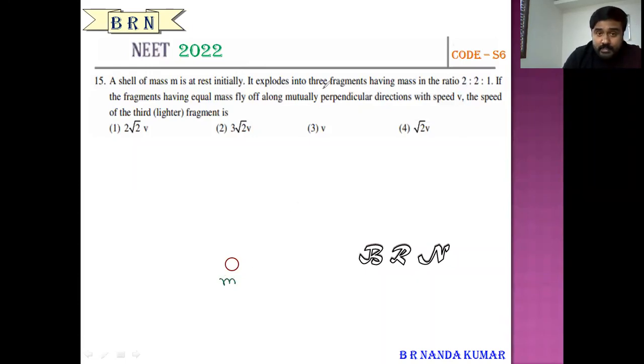It explodes into 3 fragments having mass in the ratio 2:2:1. It splits into 3 parts in this ratio. If the fragments having equal mass fly off along mutually perpendicular directions with speed v, that is given.